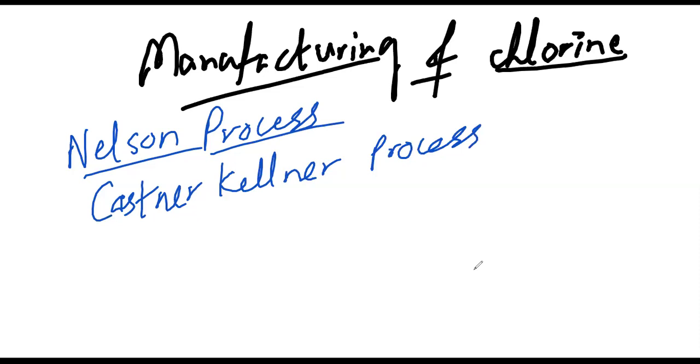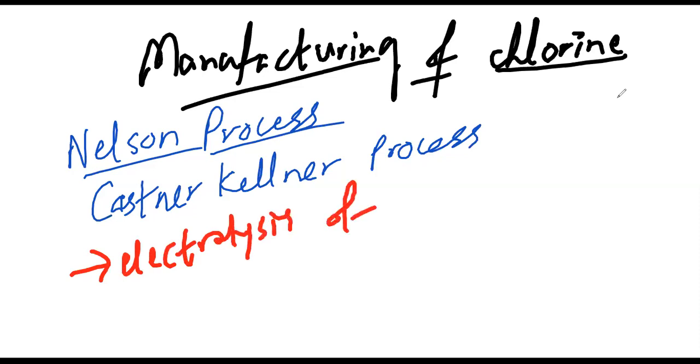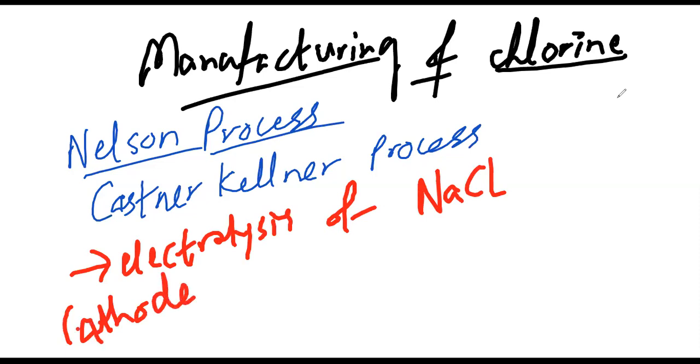What we do is electrolysis of sodium chloride, NaCl. What is the cathode and what is the anode? In electrolysis, there is always one anode and one cathode.